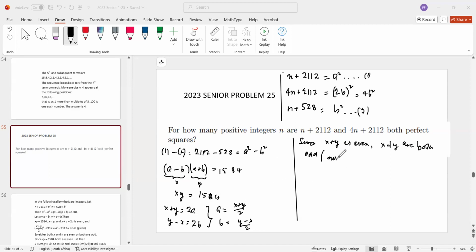Not possible, since xy is 1584. So therefore, x and y are both even factors of 1584.